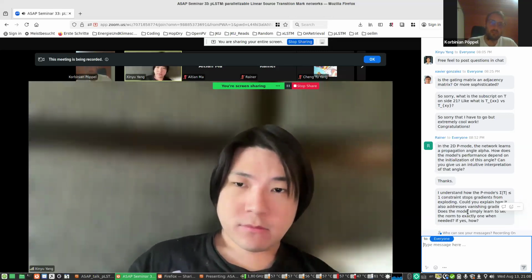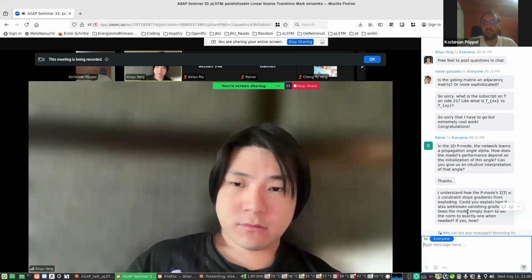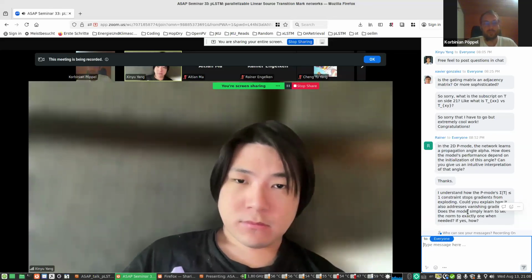Similar to how the forget gates are initialized for a linear RNN.